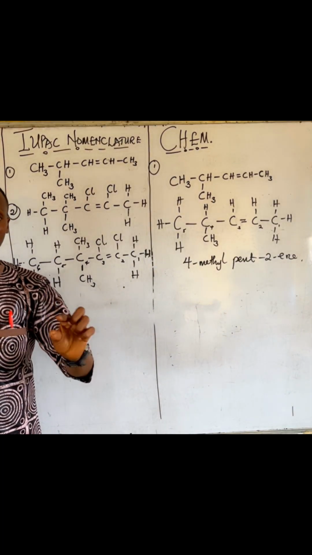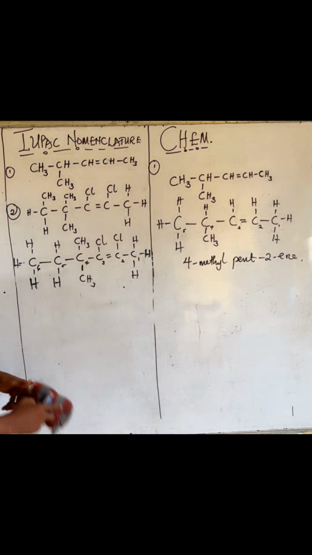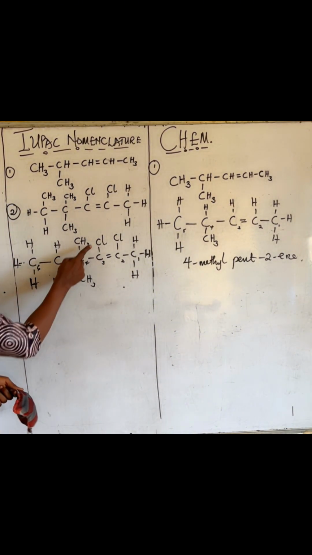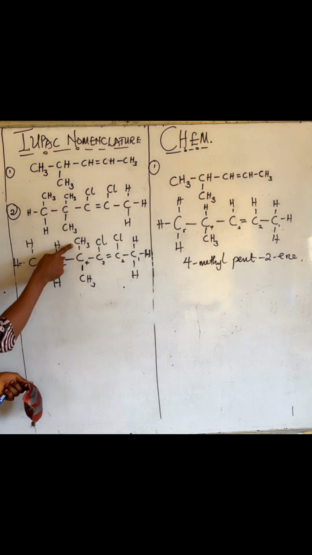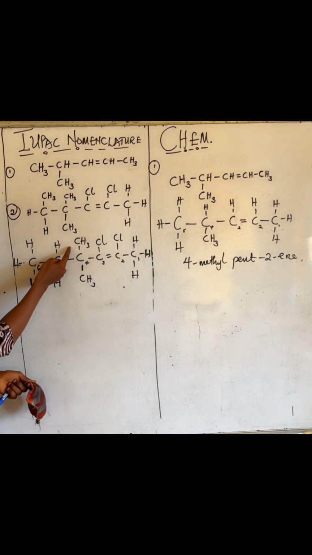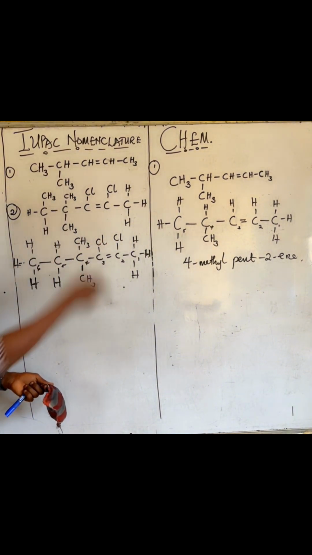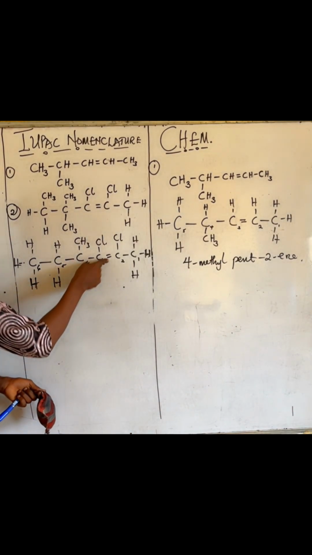After which you name alphabetically. According to alphabet, this one is chloro, this one is methyl. C comes before letter M. That means I'm going to name this one first, after which this one will follow, after which I end it with the ene.